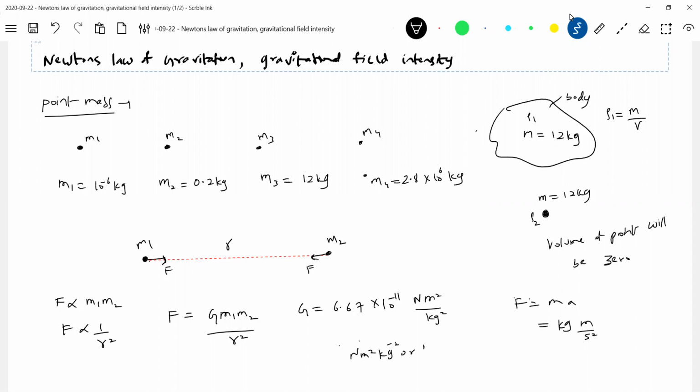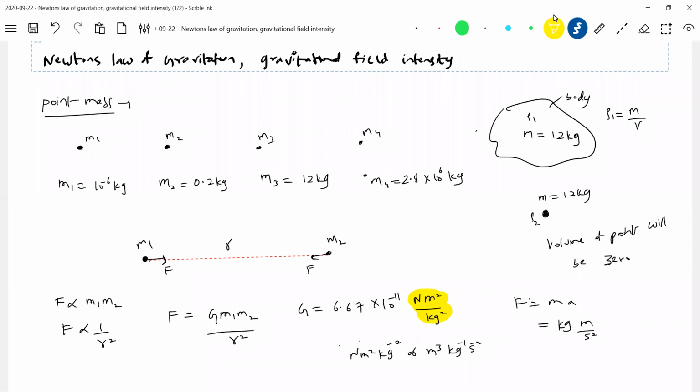This is the unit usually and popularly used for this. Sometimes they may test you on this also. This is the gravitational constant. It is determined experimentally.